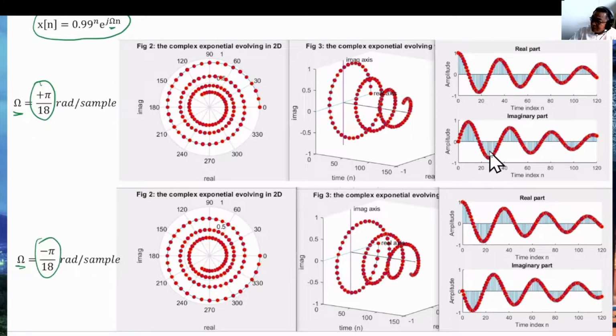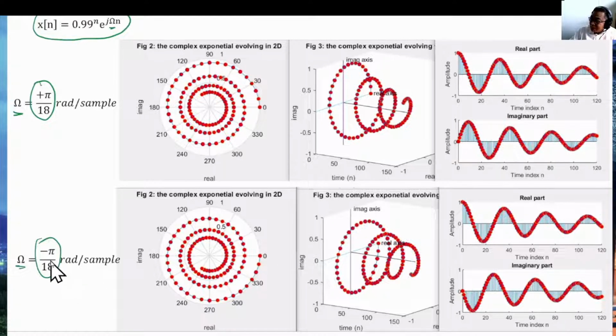The key difference between these two is the sign of the imaginary part. The cosine is coming down because it's 0.99 to the power of n. Here, we are positive radian per sample. As time is increasing, we are producing the sinusoid, but it is becoming smaller and smaller.